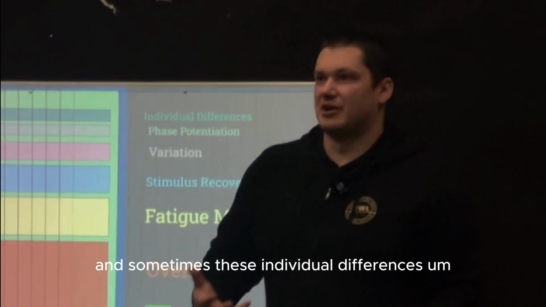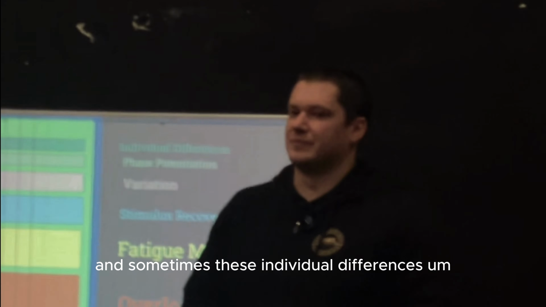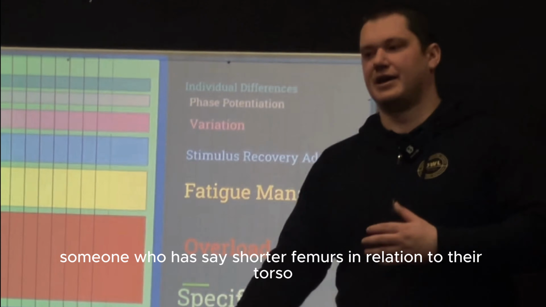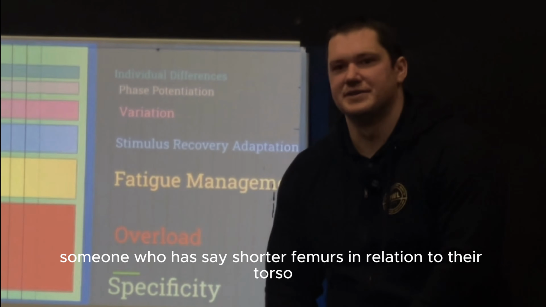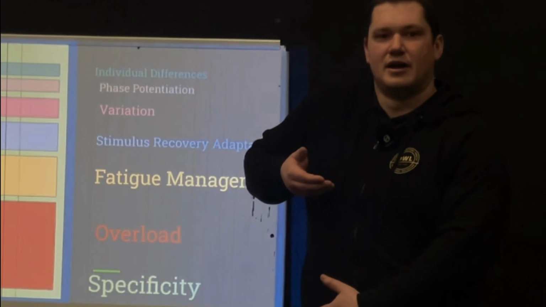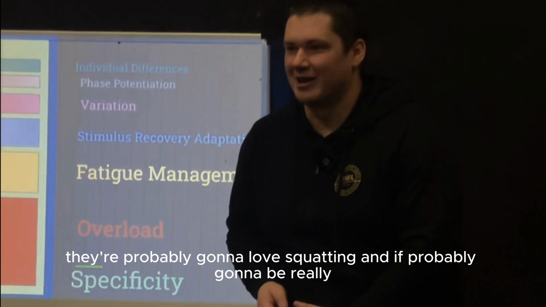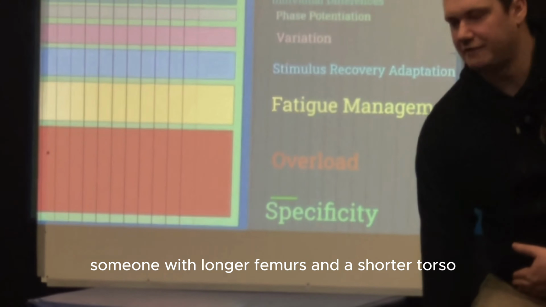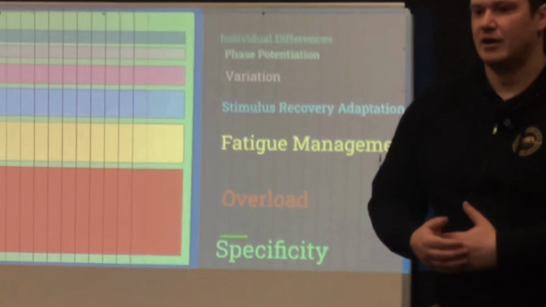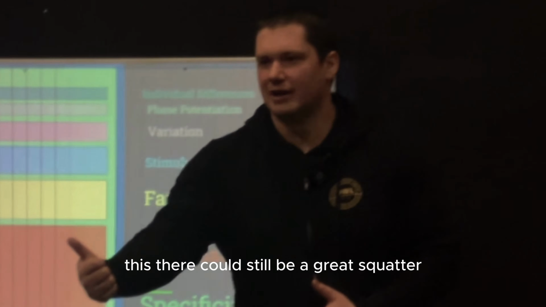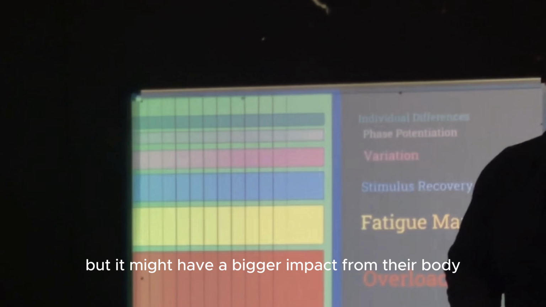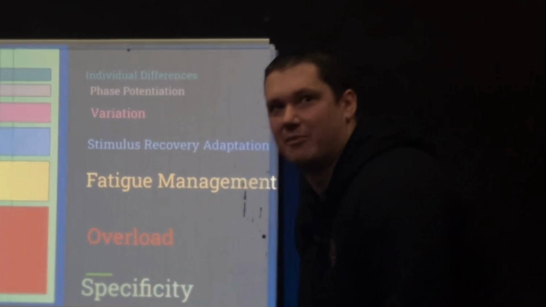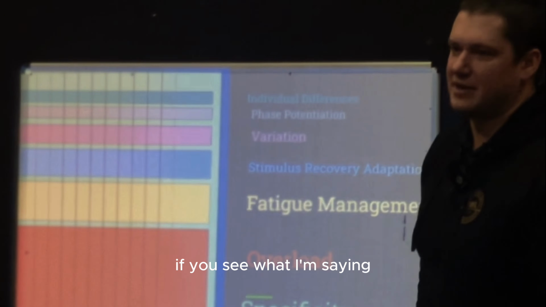Sometimes these individual differences, we can talk about them broadly. For example, someone who has shorter femurs in relation to their torso is probably going to love squatting, and they're probably going to be really, really good at it. Someone with longer femurs and a shorter torso could still be a great squatter, but it might have a bigger impact on their body because they're going to have to lean over more and their quads won't be targeted as hard, if you see what I'm saying.